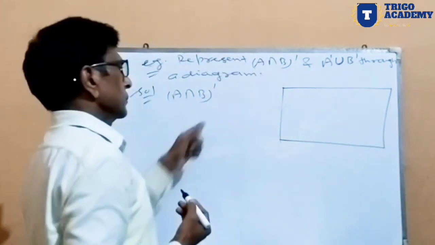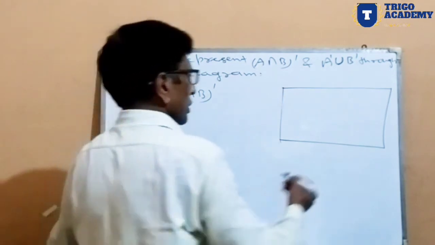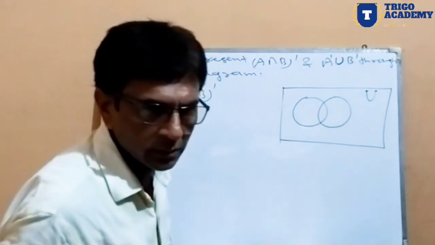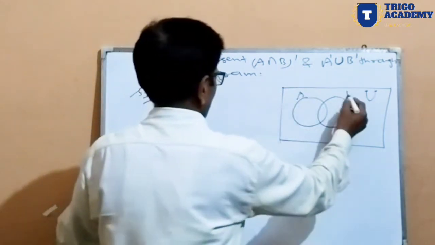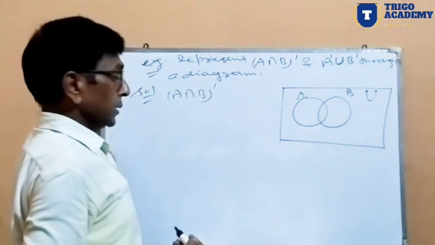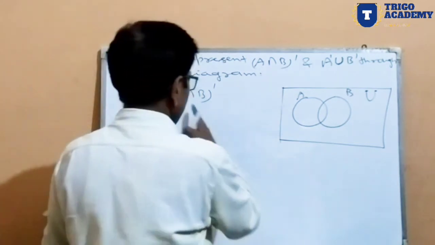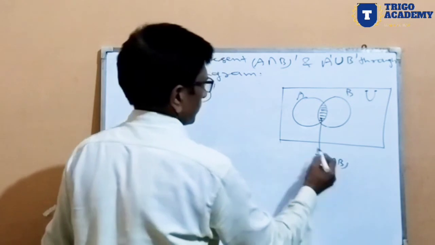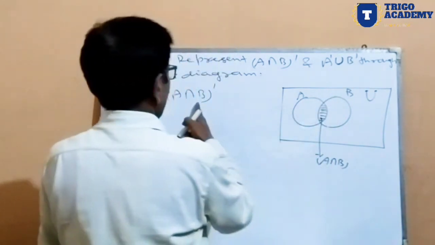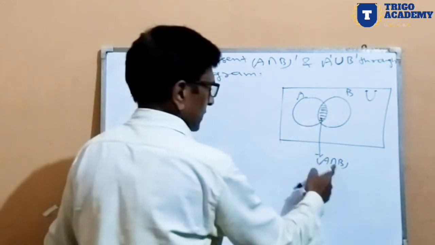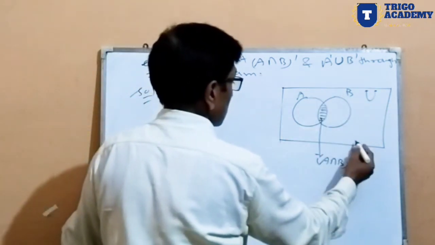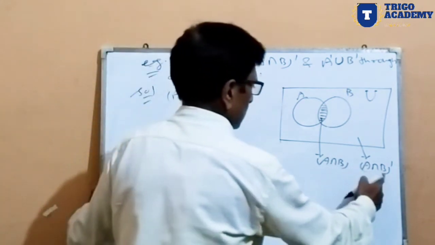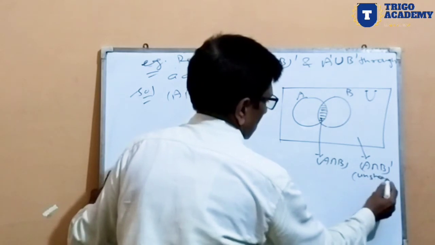We consider for both conditions: capital U is any universal set, and capital A and capital B are subsets of capital U. So (A intersection B)', as we just represented: the lined shaded region represents A intersection B, and this whole unshaded region represents (A intersection B)'.